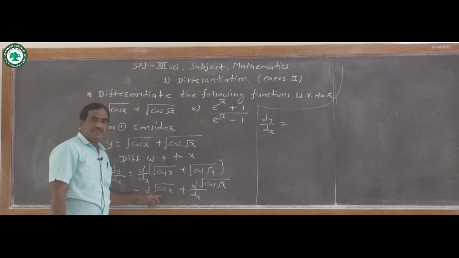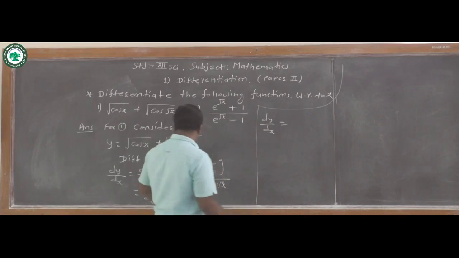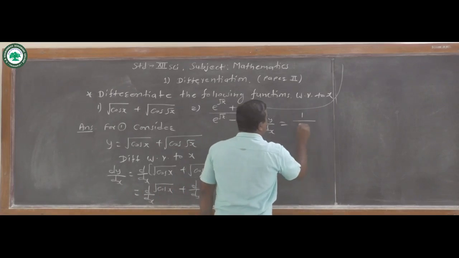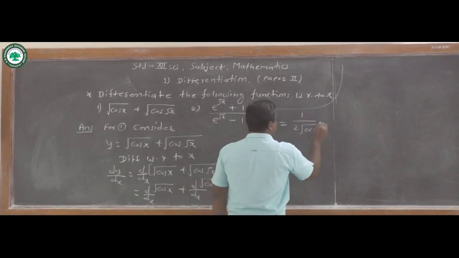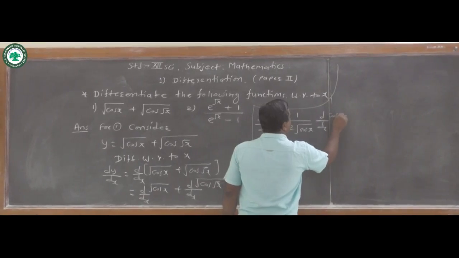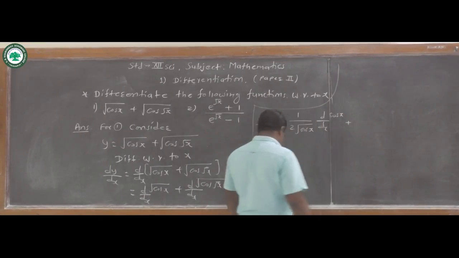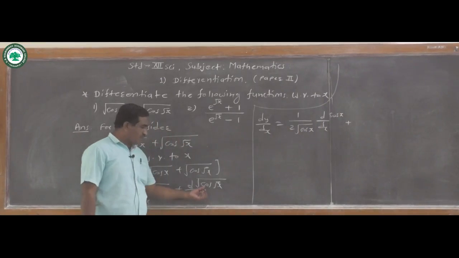Now we write here instead of f of x, cos x. Therefore derivative of this term is 1 upon 2 into under root cos x into d by dx of cos x.